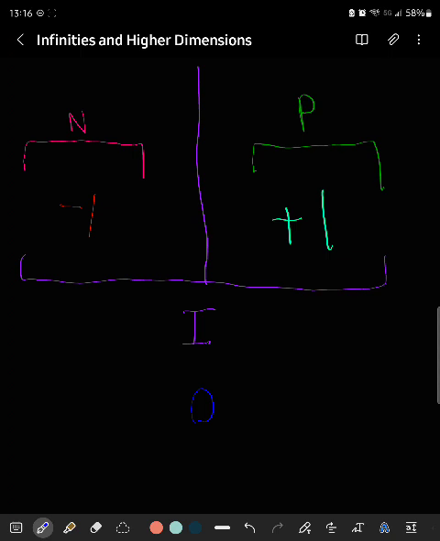Let's say someone had infinite debt. Debt is a minus number because you owe someone else money and it's taking from your money. So debt would be an example of the N, which is the negative infinity. Well, let's say there's someone who has infinite wealth. They would be an example of the P.